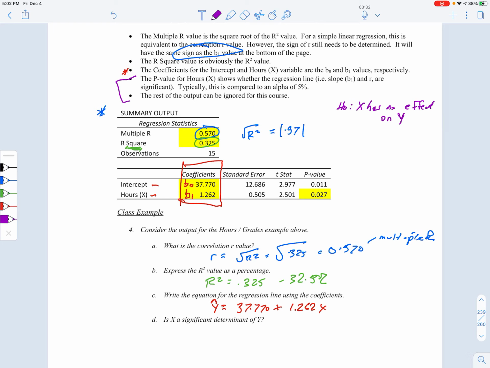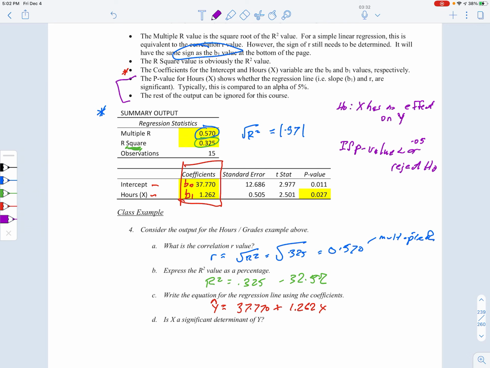What's the stats mantra? Well, the stats mantra is that if the p-value is less than alpha, then you reject H0. It's always the same, every stats problem on the face of the earth. And our default for alpha is 5% unless it's given to you in a problem.